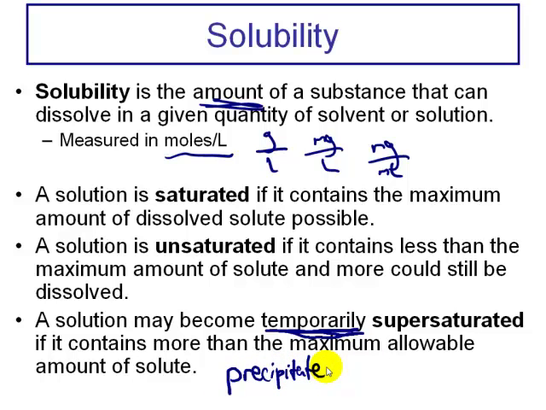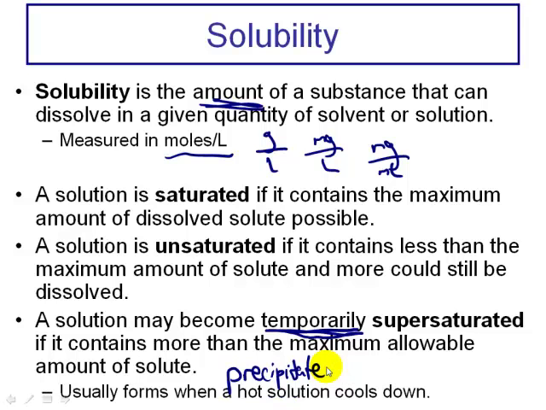And we're going to talk about, in this unit, how to classify a solution in terms of being saturated, unsaturated, or supersaturated, and how to evaluate when a precipitate will form, when it won't form, and things of that nature, okay?